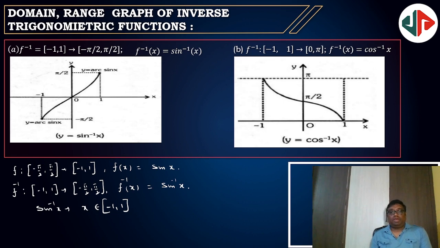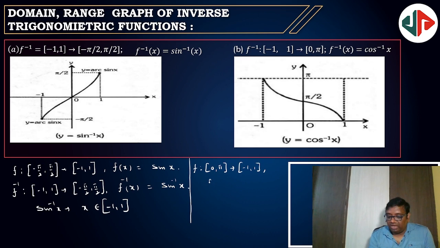In the same manner, the cos function also has the same thing. When f is defined from the closed interval 0 to pi to the closed interval minus 1 to 1, then f of x is cos x, and clearly this function is a bijective function. So what is the inverse of this function?